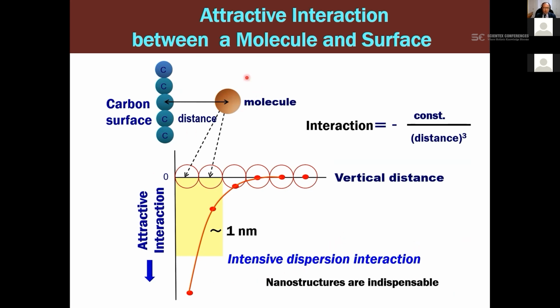Here I want to explain. This is the carbon surface. Here are the molecules. The monolayer position molecule can strongly interact with the carbon surface as shown here. But for the molecule in the fourth layer, the interaction potential is almost negligible. If the molecular size is about 0.3 nanometers, at least a 1 nanometer scale structure is very important.